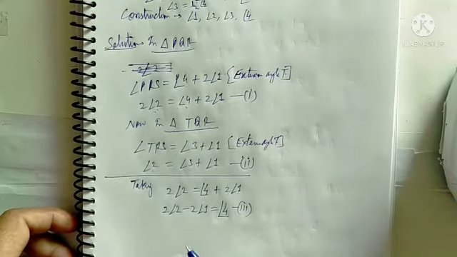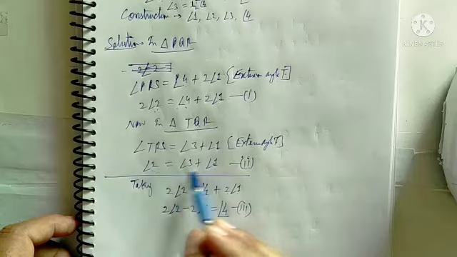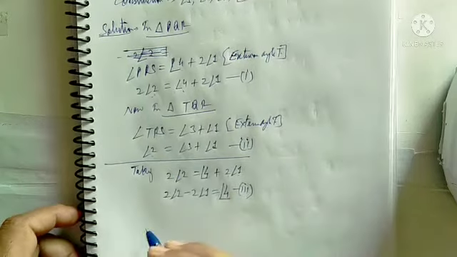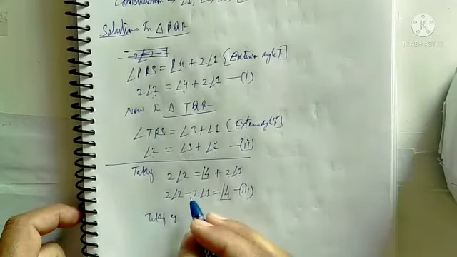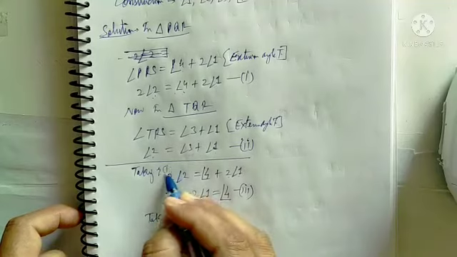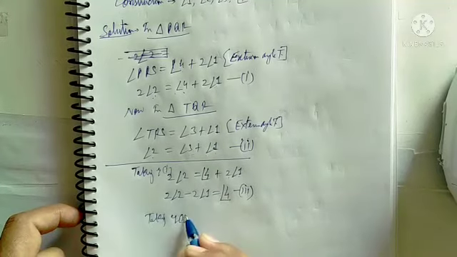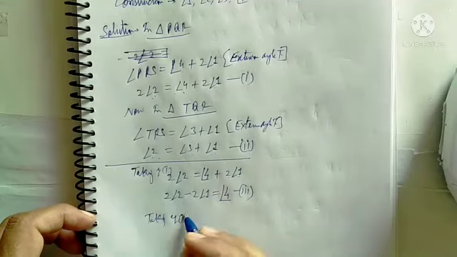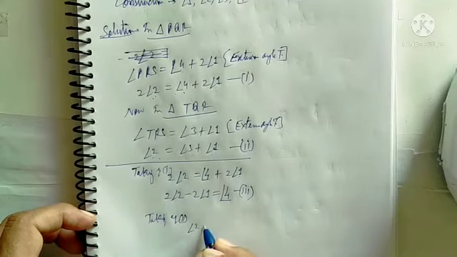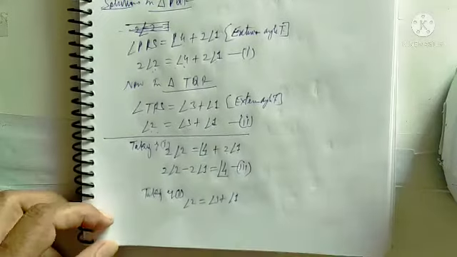Now, taking equation 3, this equation 1 you have taken. What is equation 2, sorry, it is equation 2. So angle 2 is equal to angle 3 plus angle 1.